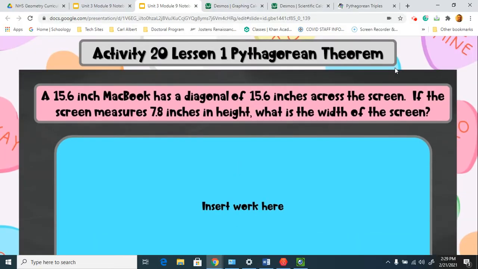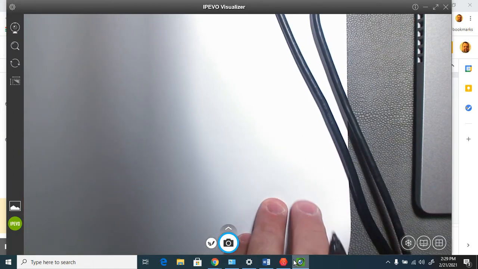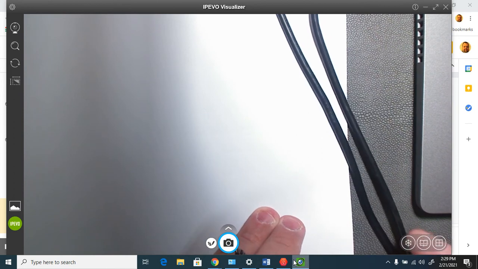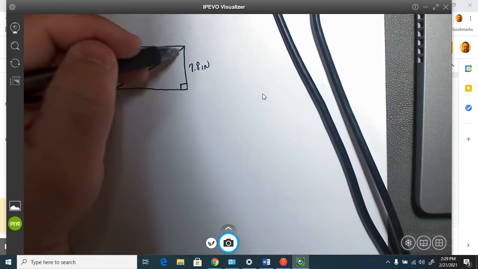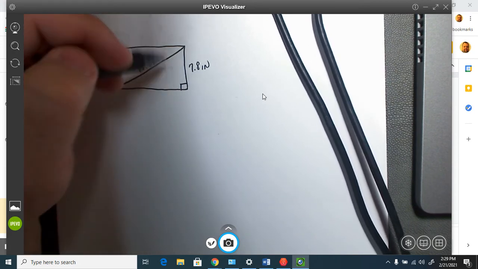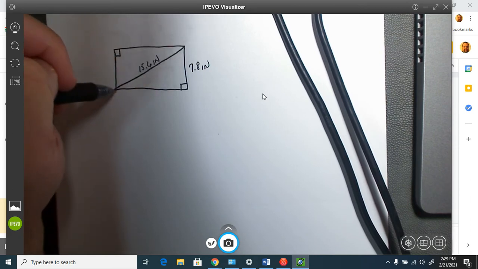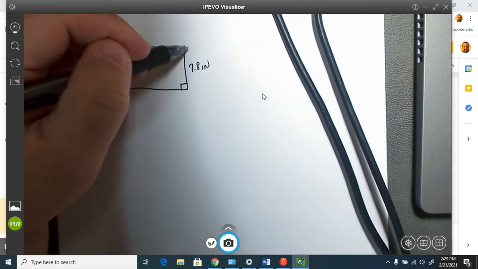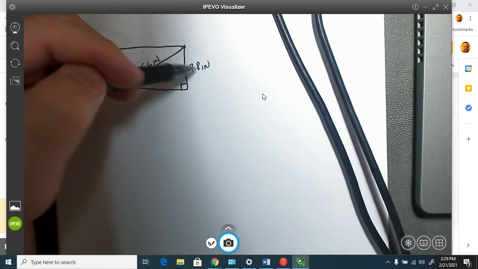So take a minute and draw what that screen might look like. This is a computer screen, a laptop screen. It measures 15.6 inches from the diagonal, from corner to corner. The height is 7.8 inches.